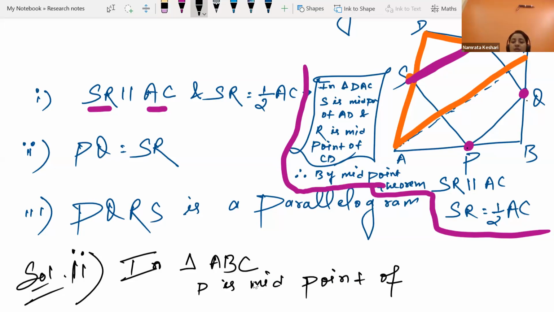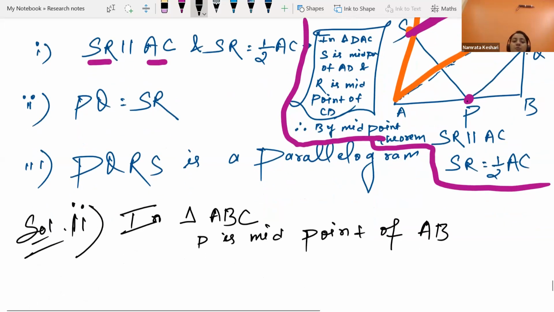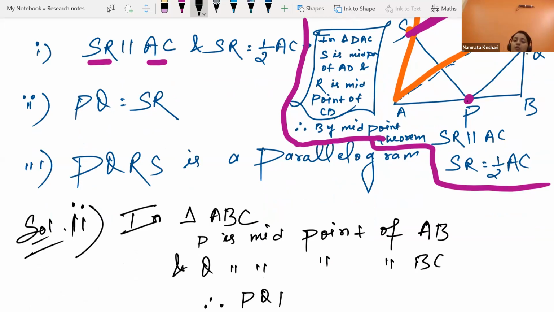Yeah, that is good. Therefore, PQ will be parallel to the same AC, and PQ will be equal to half of AC.